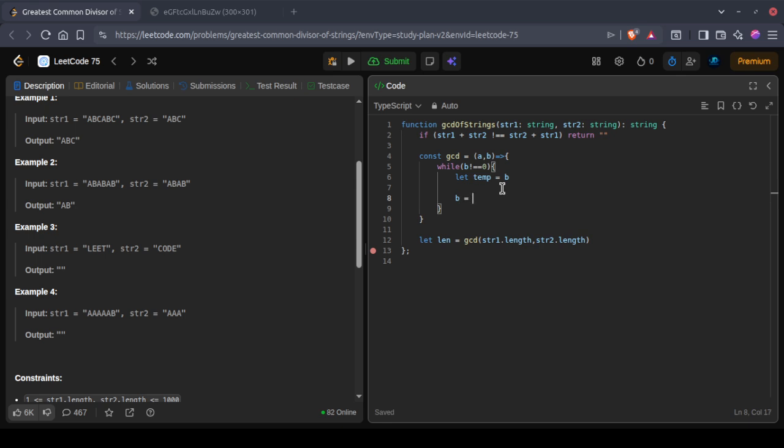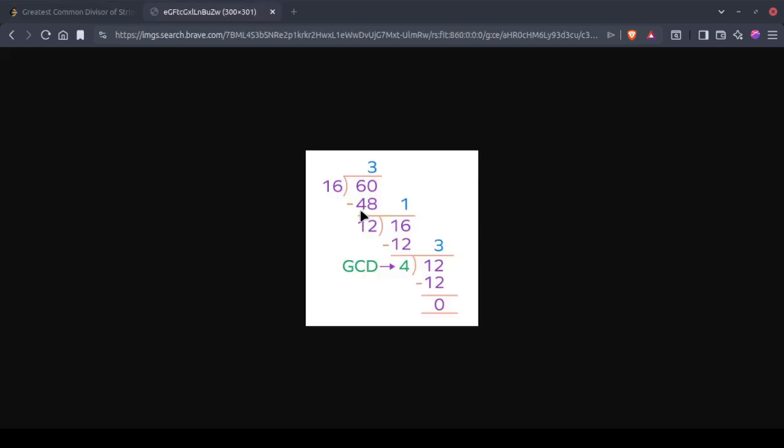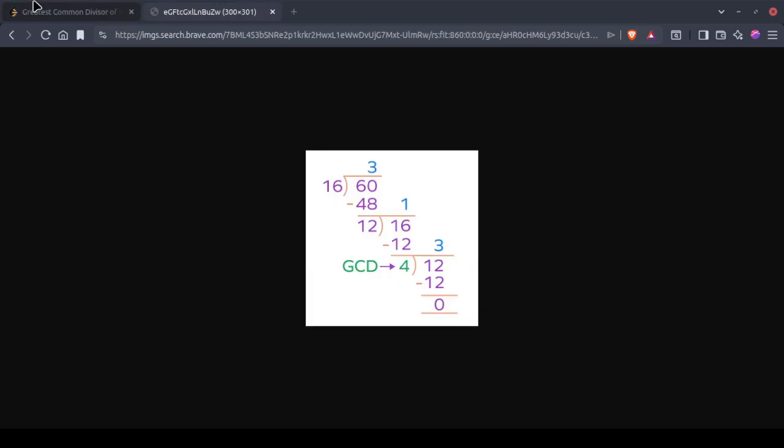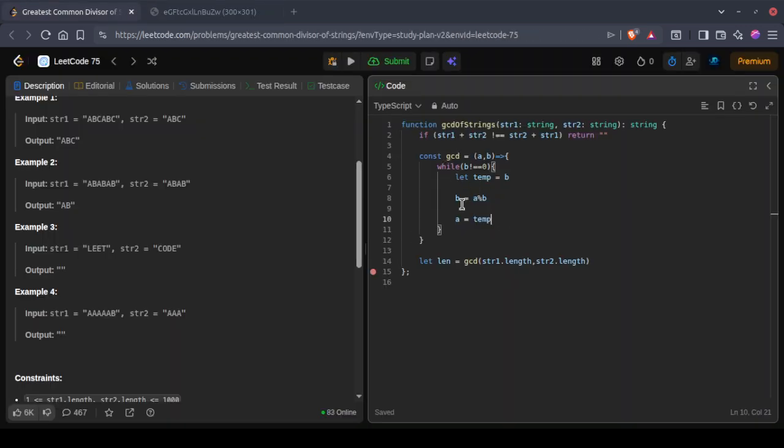Now just apply the modulo operator here, and a equal to temporary, because I have to copy it over, and if I apply the modulo operator, I get the 12, and then I again run until b is equal to 0, and then if b is equal to 0, return the a value here. Here a is the, return the 8.